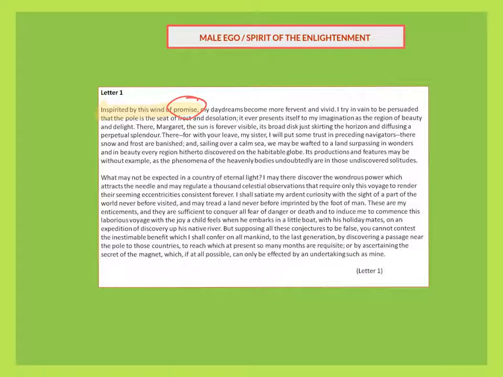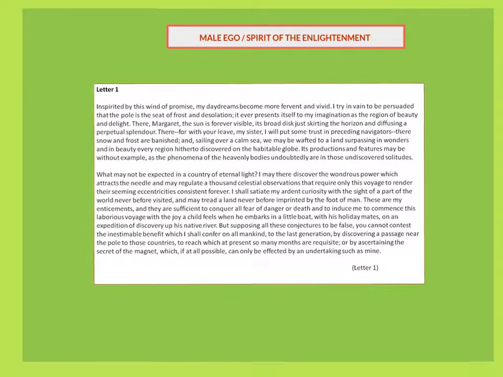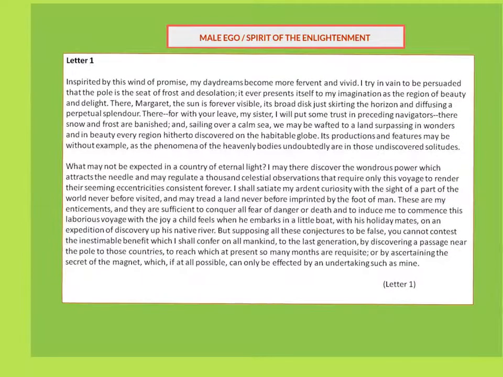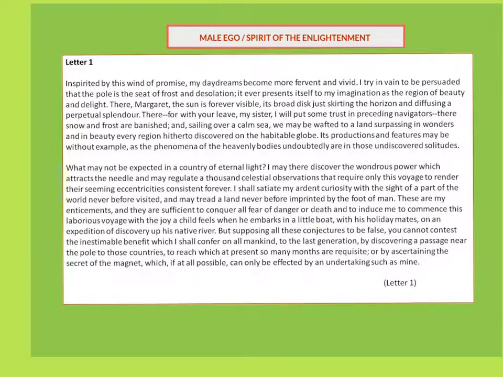So with this idea of drive and ego and determination, let's zoom in and have a little closer look at some of the language here which Mary Shelley has Robert Walton use. So you can see here there's a reference towards enticements.